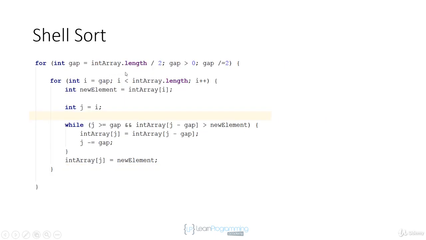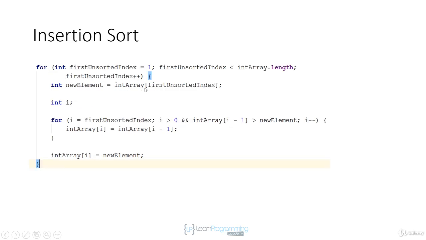Here's shell sort. And if you ignore this part for a minute, you'll see that this code is pretty much the same. The only difference is instead of using 1, we're using whatever the gap value is. So in the first iteration, we're going to use 3. And once again, if we go back to insertion sort, we're going to assign int array first unsorted index to new element.